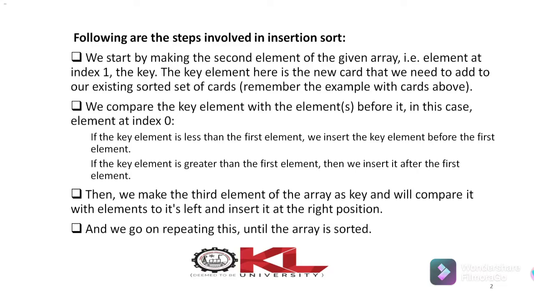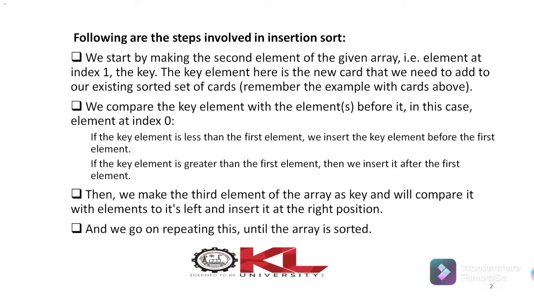When you come to the second pass, the third element is now the key. 1, 2, 3, three elements. The third element we are now taking as the key. That key element is compared with its previous element, the second element on its left.